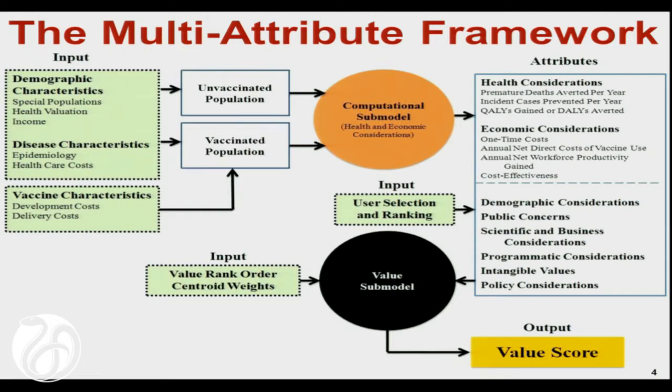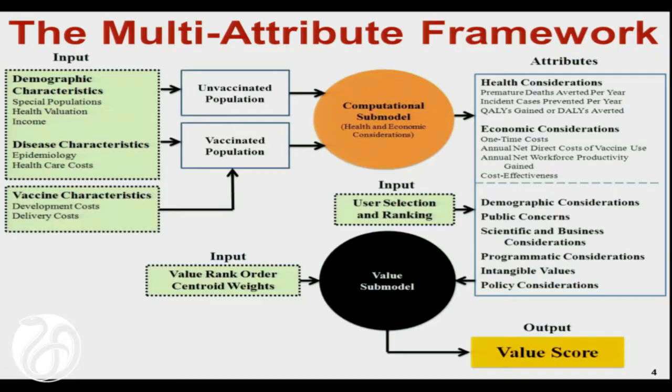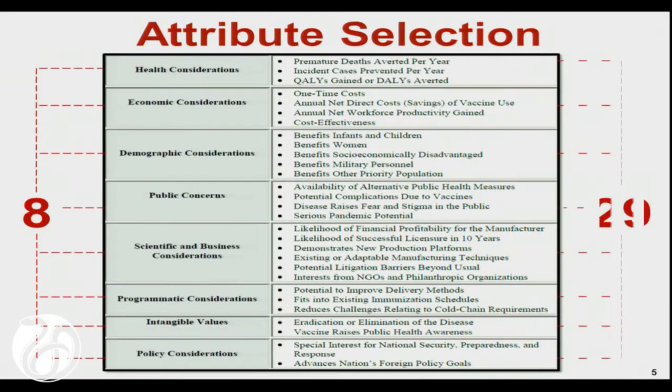These are now actually visible as to what somebody has said. How important is it to favor disadvantaged populations, or how important is it to have this accessible for an area without cold chain requirement, these sorts of things. And these come into the model as attributes through the value submodel and create the value score that ultimately shows up in the final model.